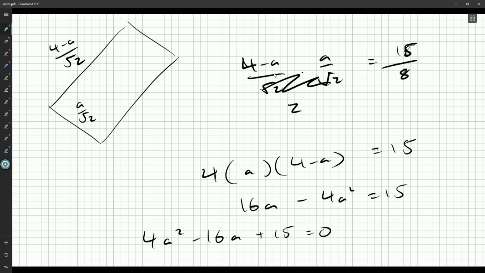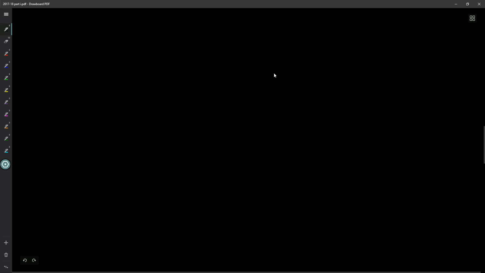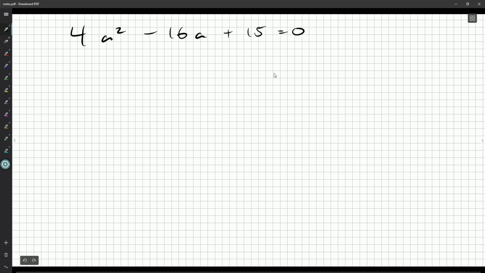Well, we could try and factor it. I'm not sure how well this will go. Actually, we could check what our possible answers are, so it shouldn't be unreasonable to do it. Seeing a lot of 2s there, so maybe 2a and something, and 2a and something.